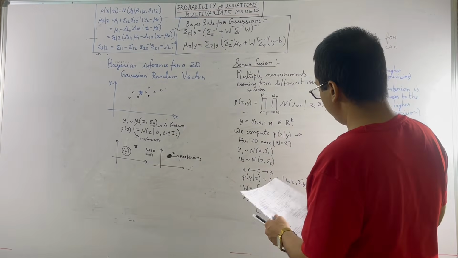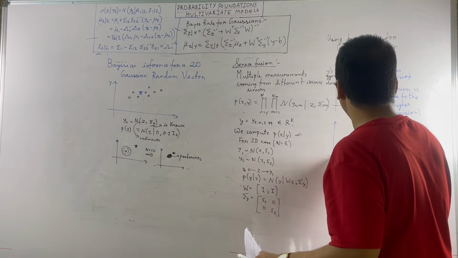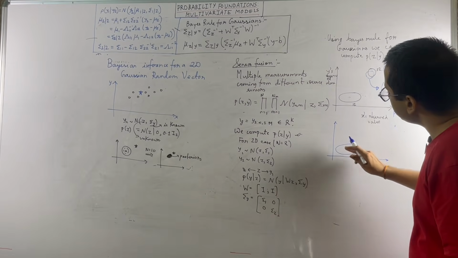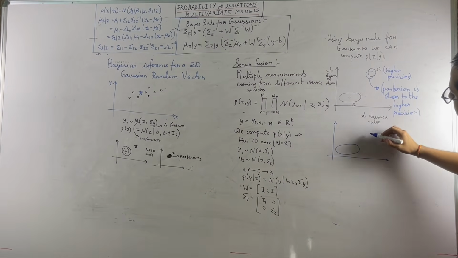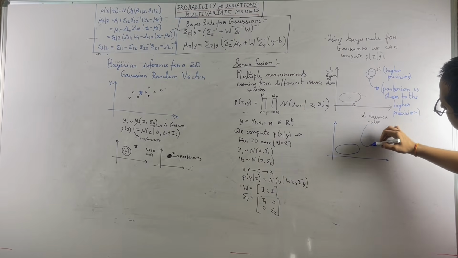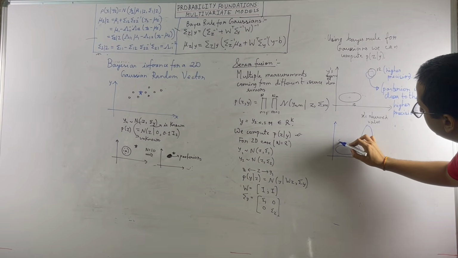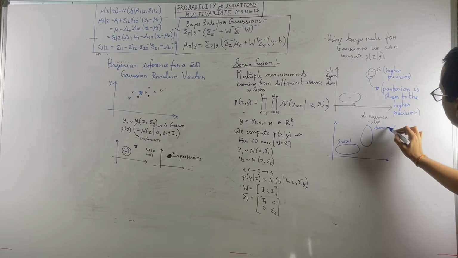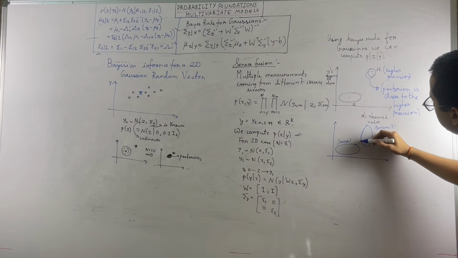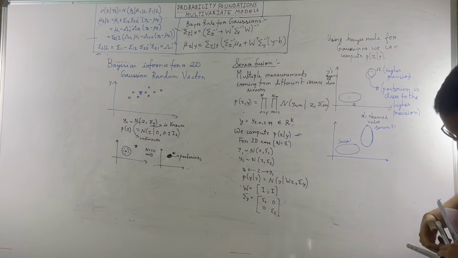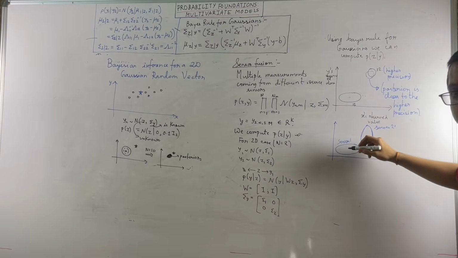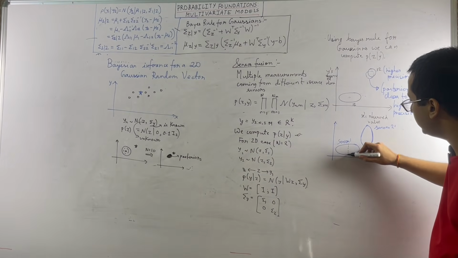And likewise, if you take a special case, let's say sensor 1 has a higher variance along this direction, and sensor 2 has a higher variance along this direction. Okay, let's say this is sensor 1 and this is sensor 2. What you will observe is that the resulting posterior will settle somewhat like this. It will take sensor 1's higher precision region, which is along the vertical direction, right?